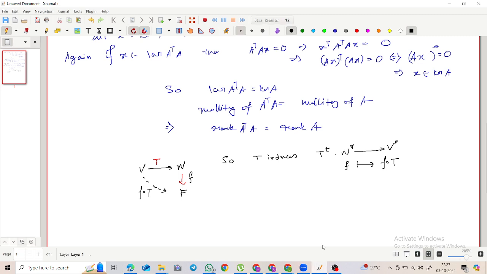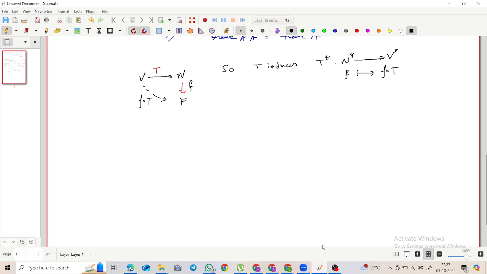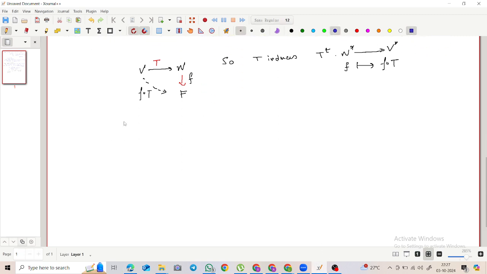One thing we have actually seen, for matrices, if A is a matrix in M_mn(F), say Aij, A transpose is written as Aji, right? But you should be able to understand the link between T transpose and A transpose.